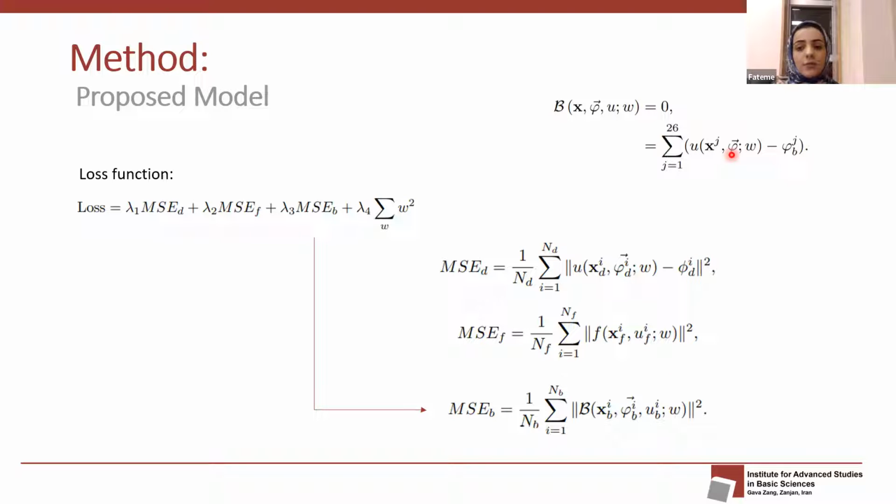What I mean about these terms is that if we put in the 26 positions of the points on our boundary, we have to get the smooth boundary potential as an output.